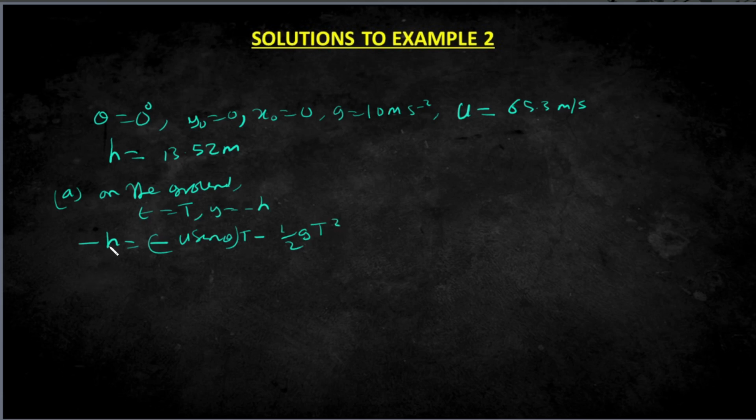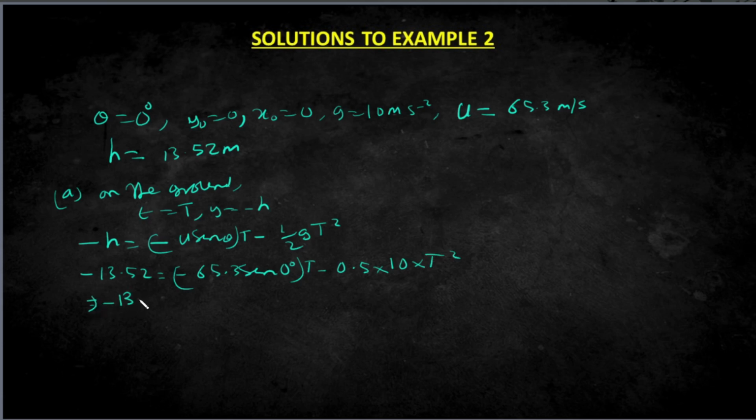Now it is to put in all the values. The value of h is this. So I'm going to have minus 13.52 equals minus u, which is 65.3, sine of theta, where theta is 0 degree because it's horizontal, times t, which we are looking for, minus half, which is 0.5, g is 10, then we have t square, right? So are you following?